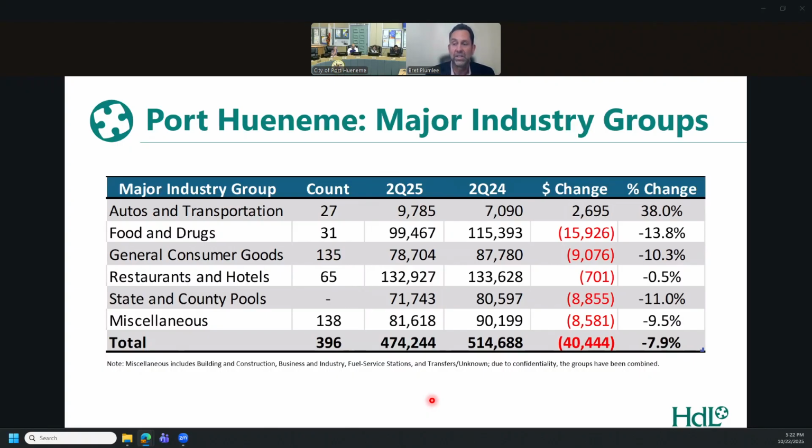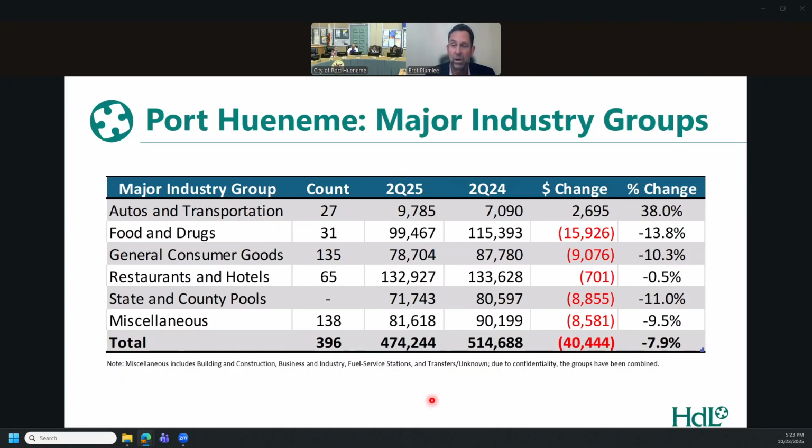That is consistent with the statewide trend. It's not specific to Port Hueneme, but consistently now for the last 2 years, and I'll show you in the next slide, cannabis related businesses, which are one of the business types within food and drugs, they've been dropping significantly.